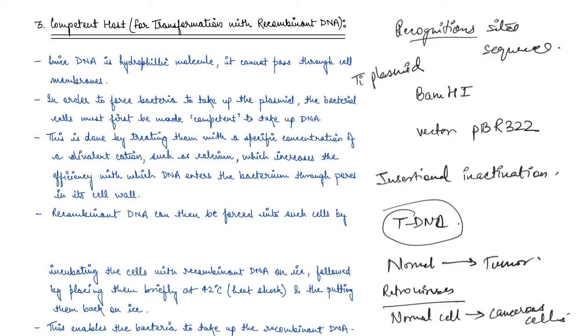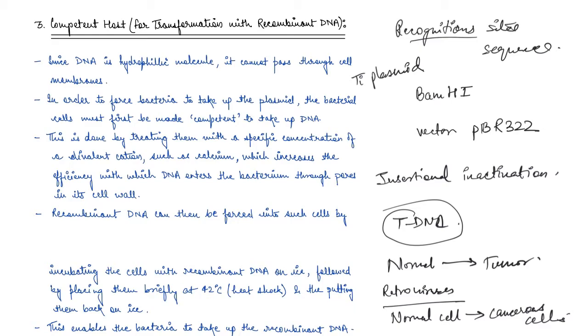Now this is done by treating them with a specific concentration of a divalent cation, say such as calcium. Now, because of this divalent cation, this increases the efficiency with which DNA enters the bacteria through the pores in its cell wall.